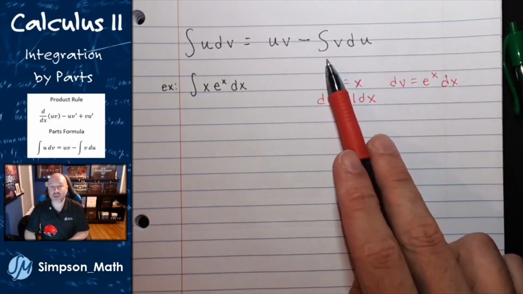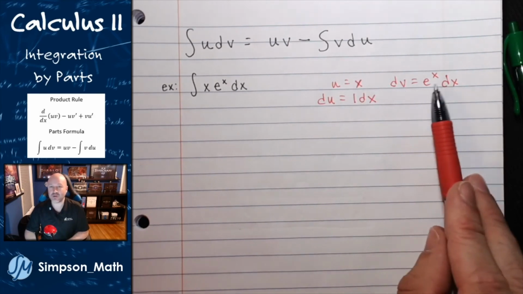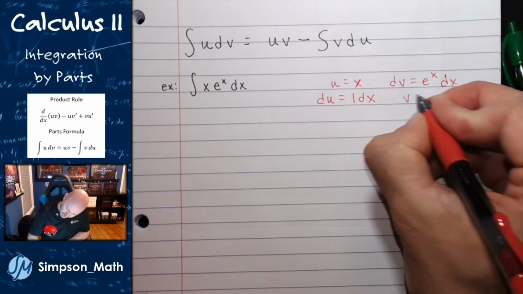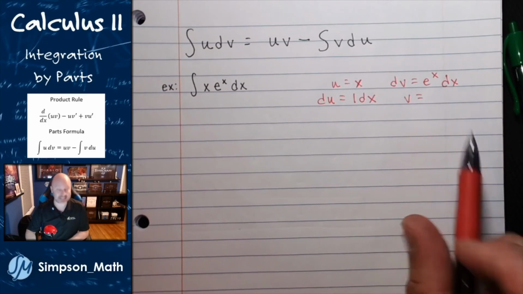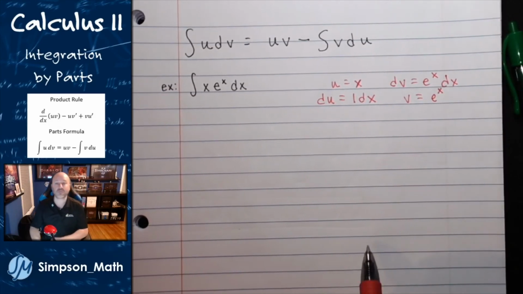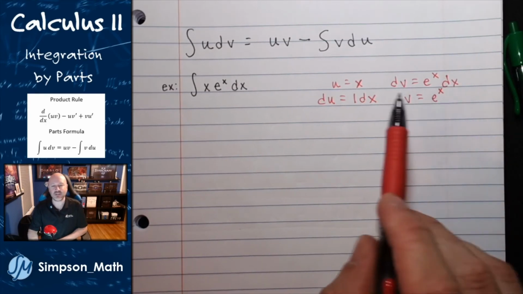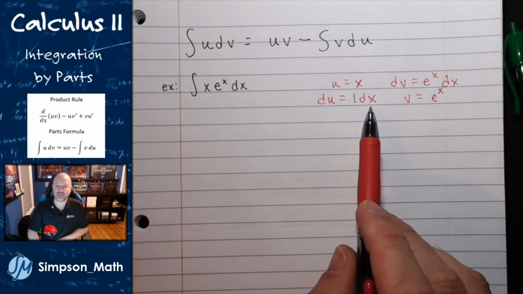So to get regular v, I need to integrate dv. So I'm going to integrate e to the x dx. The integral of e to the x is nice and easy. It's e to the x. So the integration uses up that dx notation, and the derivative spits out that dx notation.